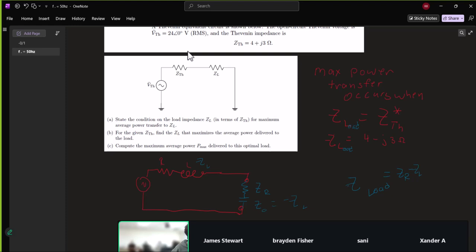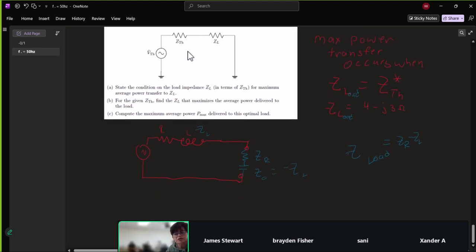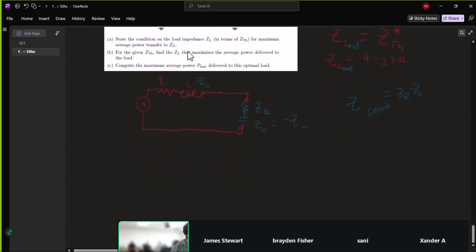Once we have found that out, there's a nice easy formula for maximum average power. The maximum average power equals the magnitude of V Thevenin squared over 8 R Thevenin, and this is the same as in DC circuits.